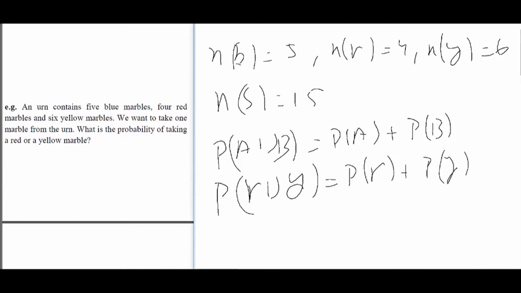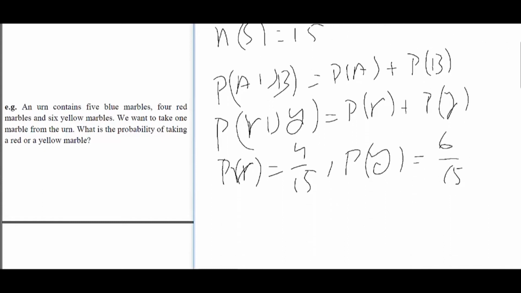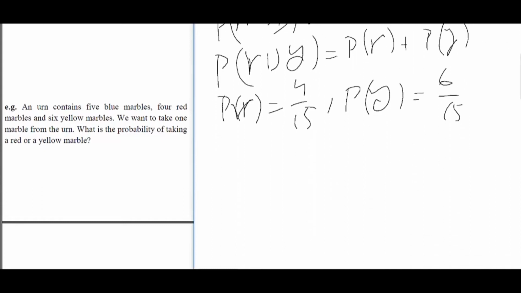What's the number of red? 4. So the probability of red is equal to 4 over the number of sample spaces, 15, so 4 over 15, and the probability of yellow is equal to 6 over 15. So let's find the probability of red union yellow, or the probability of taking a red or yellow marble.